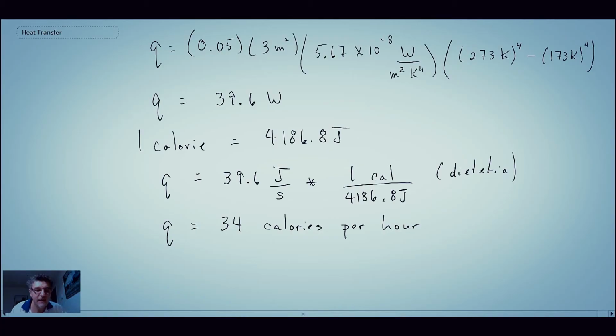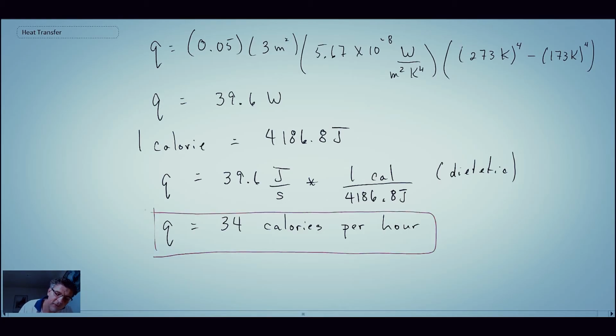I did some looking up of values to figure out what type of food would replenish her in maintaining her temperature. And there are different things. If she wanted to eat butter, she could eat 1 teaspoon of butter. That has 35 calories, but I don't think she wants to eat butter.